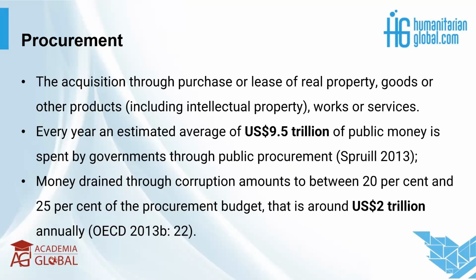When 20 to 25% is lost in corruption, that means we remain with about 75%. So where are the profits? Where is the value for the goods that we're purchasing? And therefore that raises eyebrows on the quality of the goods that we are buying.